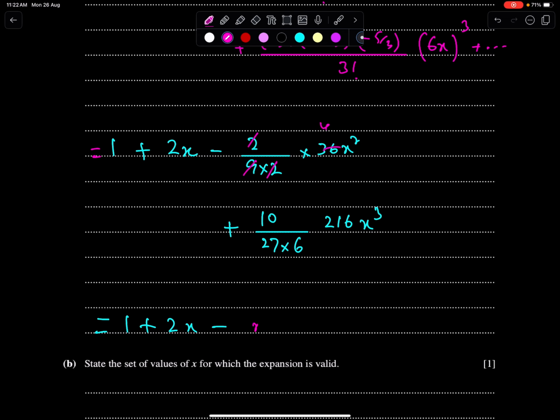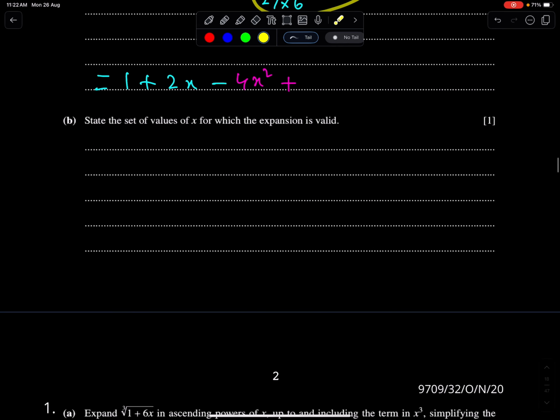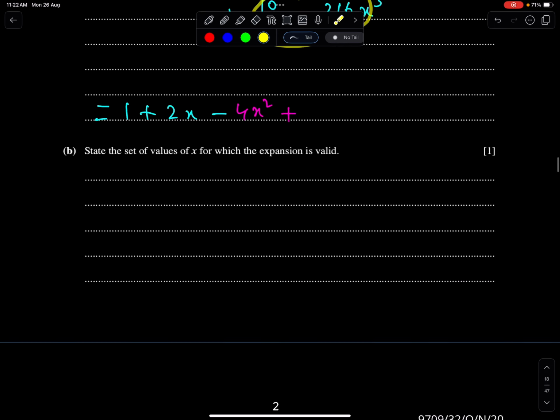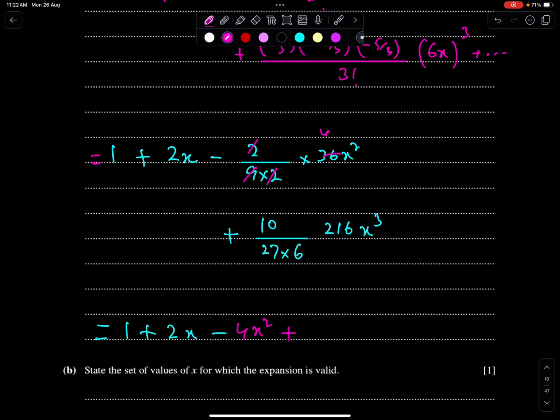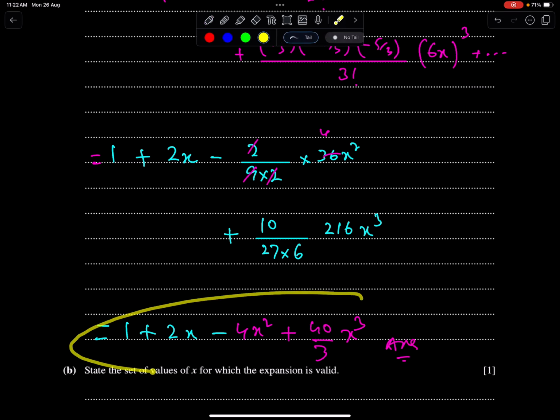So minus 4x square plus, let me check this result. This is 40 upon 3. That's it. And this is in ascending powers of x. Ascending means small to big. Constant 1, 2, 3.